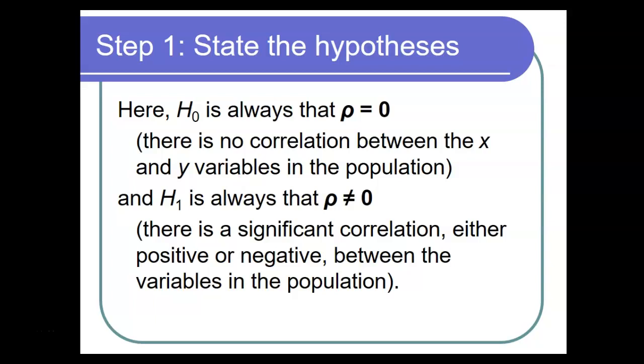And the alternative hypothesis is that rho is not equal to 0, that there is a correlation, maybe positive, maybe negative, but some sort of correlation between the variables in the general population. So if we could look at not just those specific data points, but all the data in the whole world, we would still see a correlation.